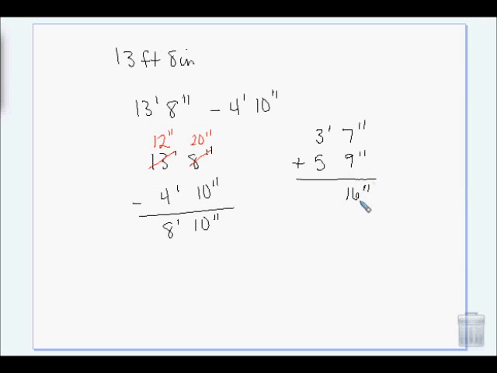But 16 inches is bigger than a foot. So I'm going to take 12 inches away from it. I'm left with 4. And that 12 inches is 1 foot. So I'm going to put that up here with the feet column. And then I'm going to add. I would be 9 feet 4 inches at that point. If I was stilt walking, I'm walking on really big stilts.